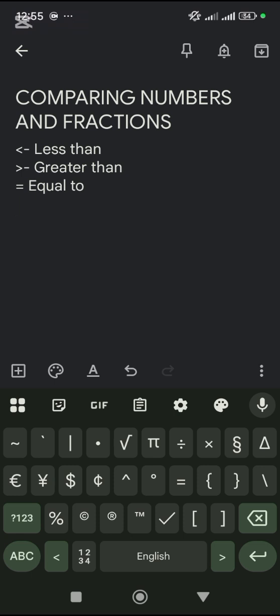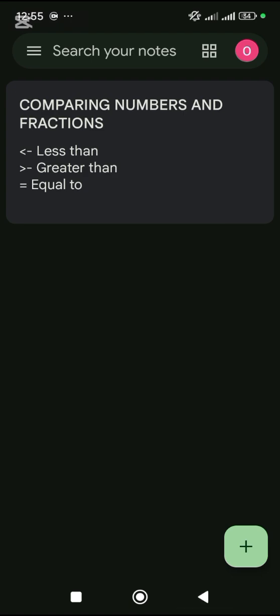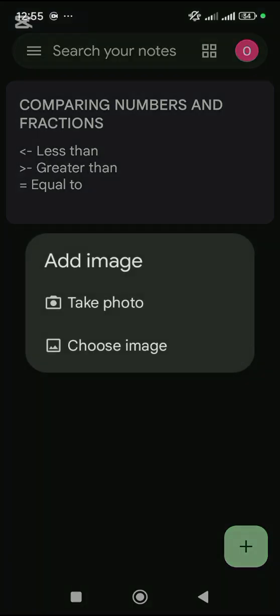We have the less than or equal to sign, and this is a greater than or equal to sign, and then we have not equal to.